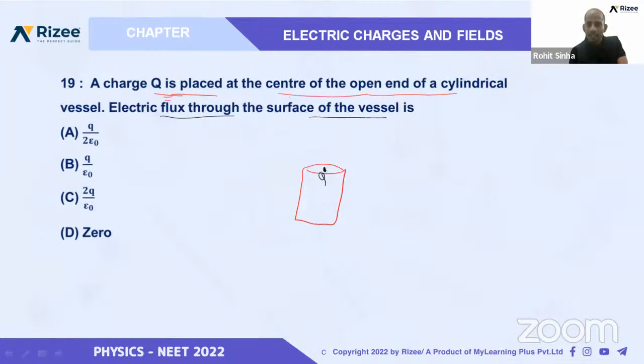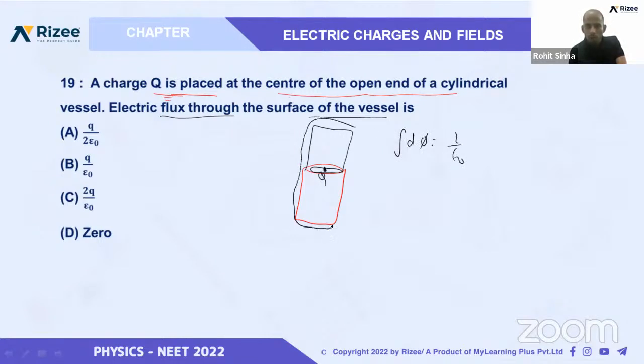Now, it is talking about the center of the open cylinder. We have discussed this type of question, so what will we do? We will complete the cylinder like this and make it a closed surface. Now it is a total cylinder. We know that the flux will be q by epsilon naught for the whole closed cylinder which we have drawn.